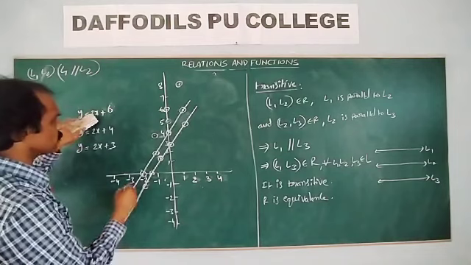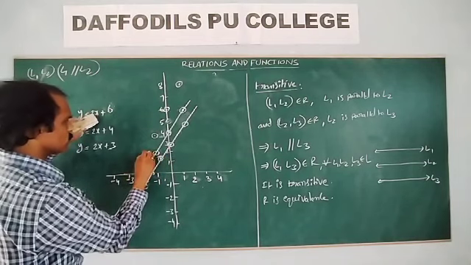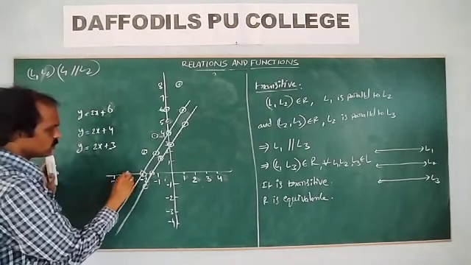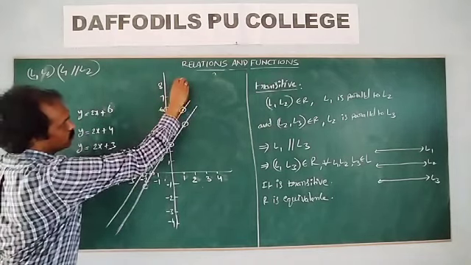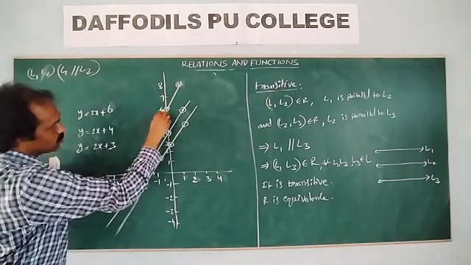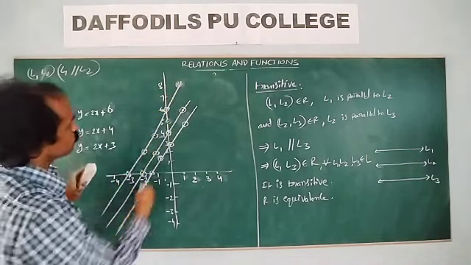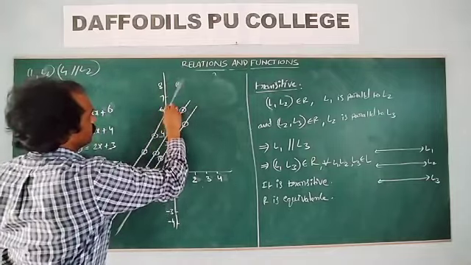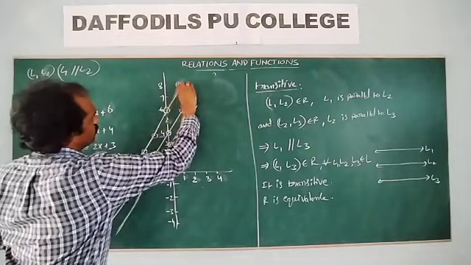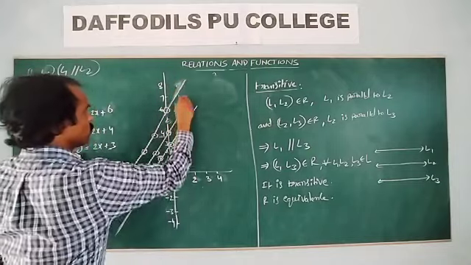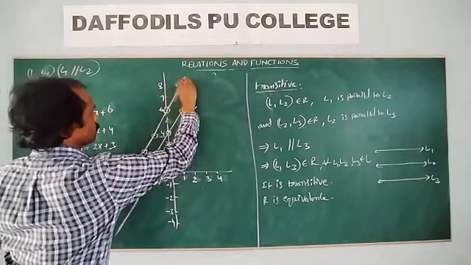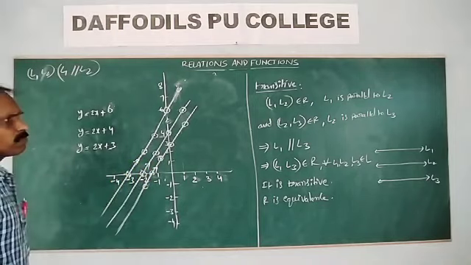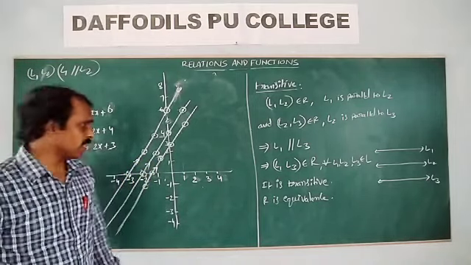X is equal to minus 2, 6 minus 4, 2. X is equal to minus 3, 6 minus 6, 0. So like this. These lines are parallel.